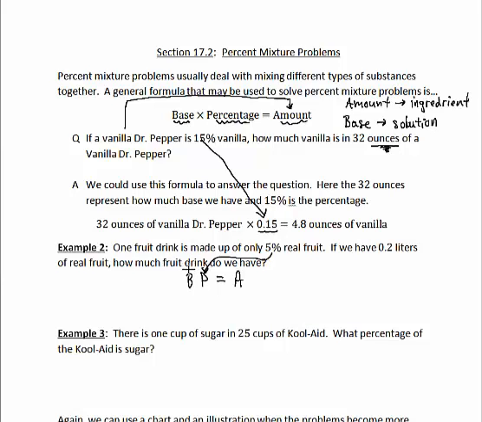So to make a fruit drink, apparently we're taking real fruit and we're mixing it with water and sugar and something else. So real fruit is an ingredient, and the ingredient is placed in the amount.